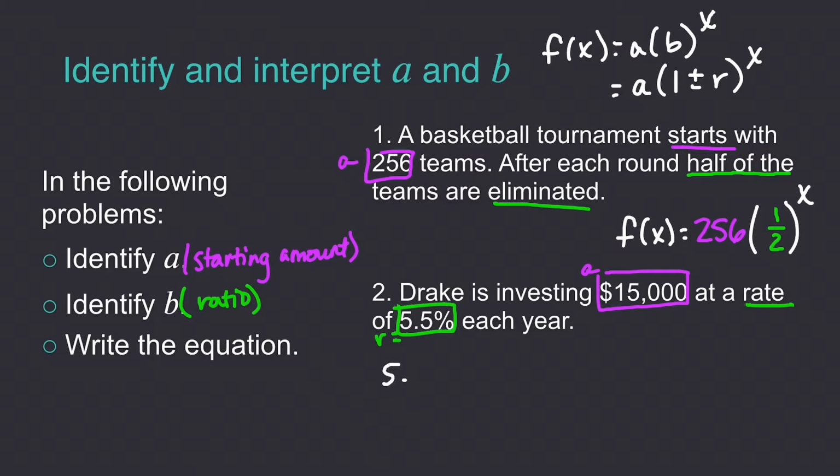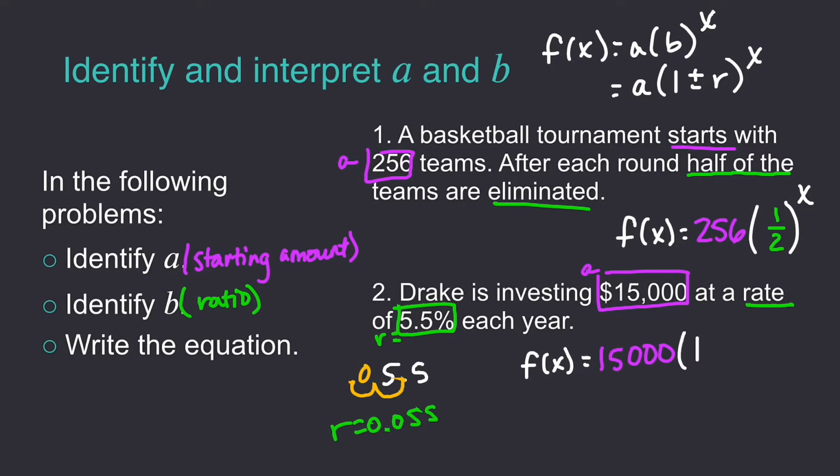So we're going to take 5.5%, drop the percentage, move our decimal over 2, add that 0, and so we've got r is 0.055. So now we plug that into our equation, f of x equals 15,000 times 1 plus, because we're investing, we're increasing this percentage rate.